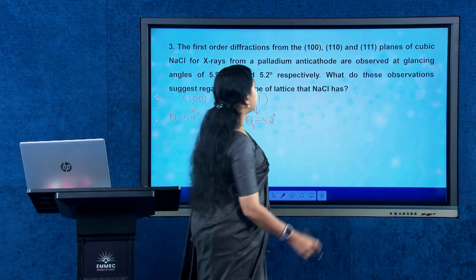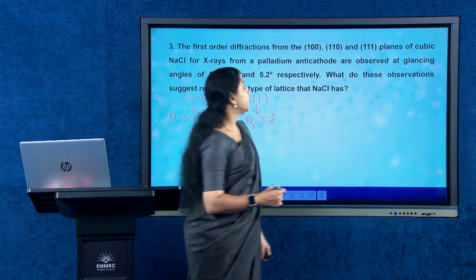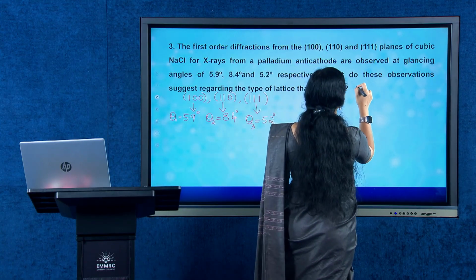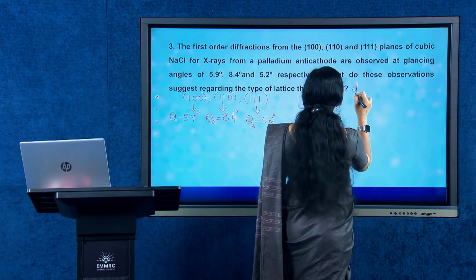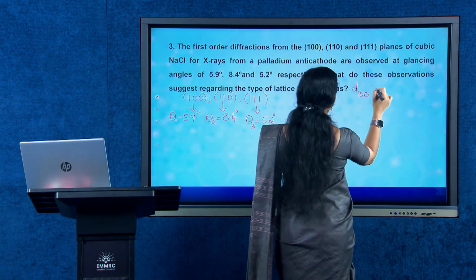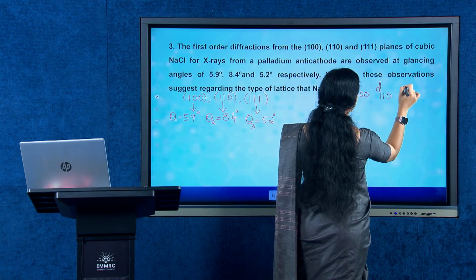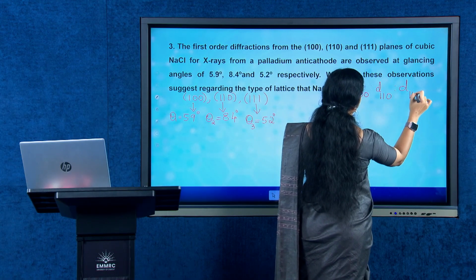We have three different planes: 100, 110 and 111. The interplanar distance ratio is the ratio of D100 is to D110 is to D111.